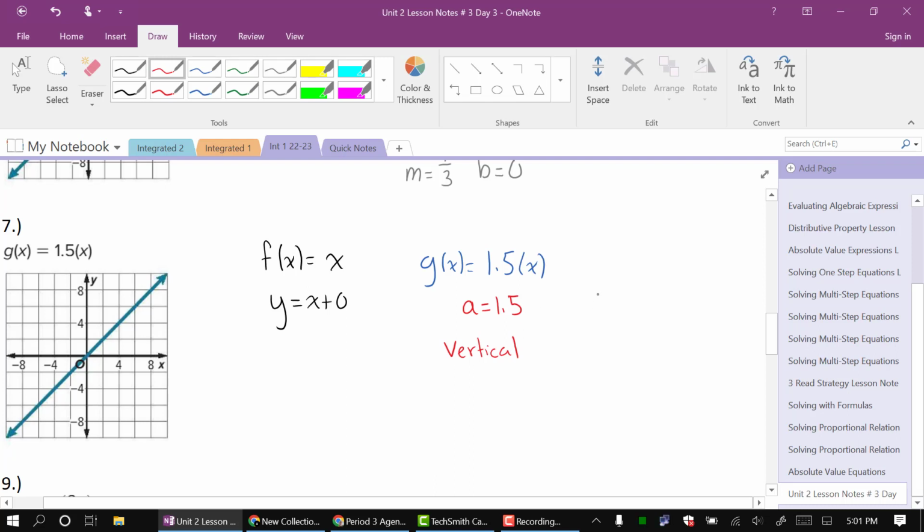Now I'm going to see, what is 1.5? When we compare it, 1.5 is greater than 1. Since it's greater than 1, then we know this is going to be a stretch.